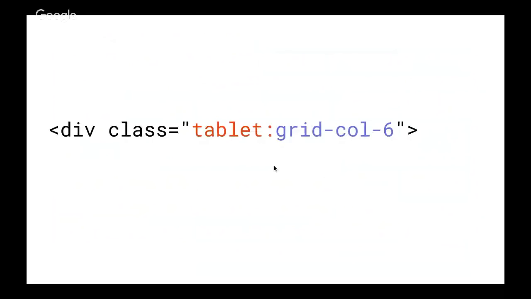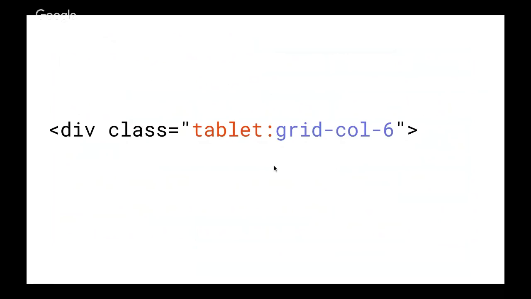So the first grid column that you're declaring is going to give you that mobile and up. And in this example, we're declaring that the tablet would have 6 columns, and everything above a tablet would have that. And everything below that would start at 12 columns.